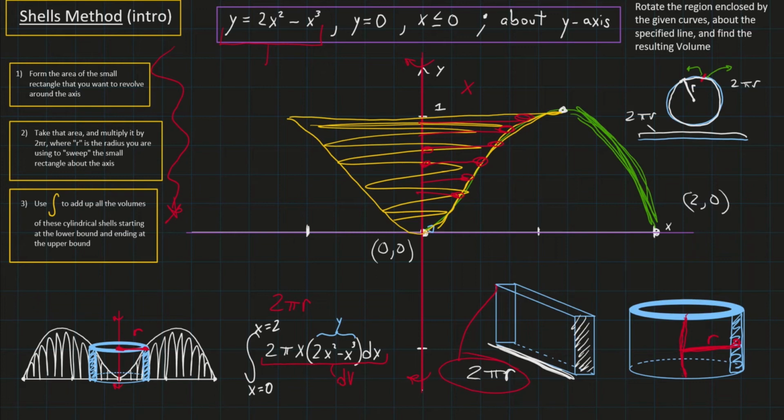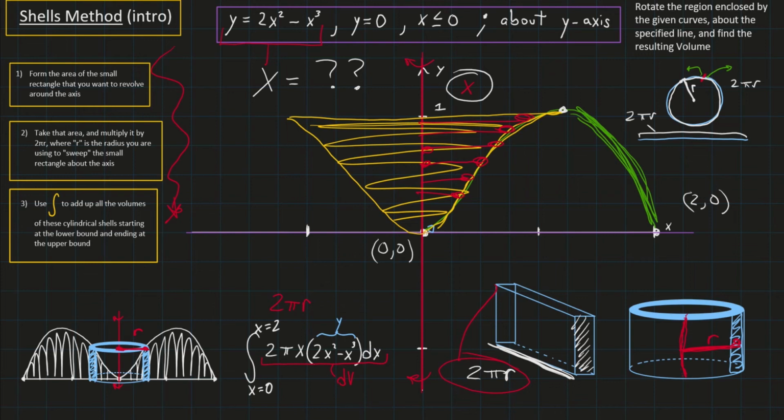The problem is that it is impossible, at least on paper, without the assistance of a computer or something, to get x by itself. That cube, that square is making it really, really hard. So since we can't get x by itself, and I need those x's because those are going to be the radii of my disks for the smaller volume, I can't carry on with the disk method. The shells method is really the only way to do this problem.